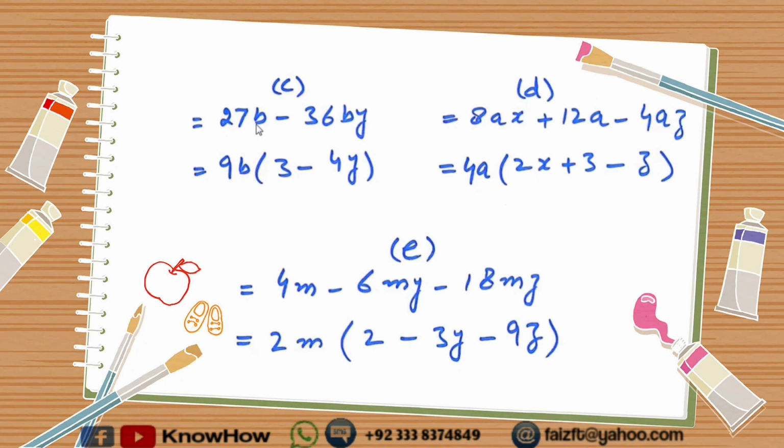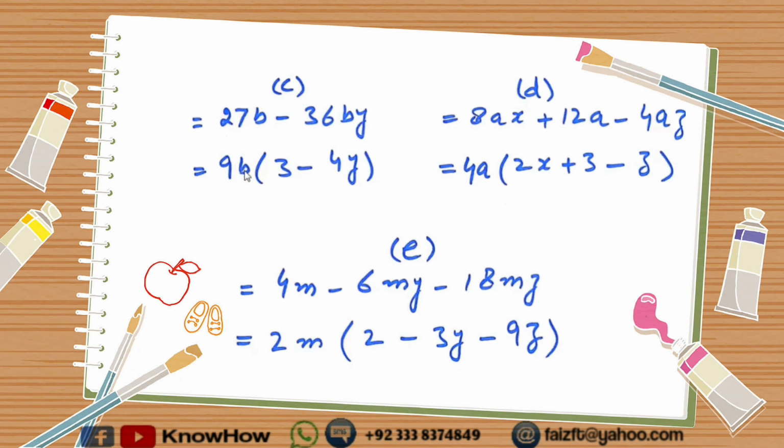Then we will see the variables. Here we have 27b and 36by. It means b is also common, so we will write the common number between these two numbers as well as the variable which is present in both of them.